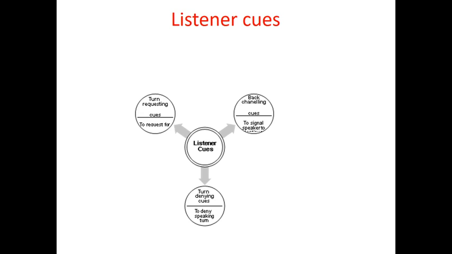So listener cues. These are some of the cues that we are going to discuss: back channeling, turn denying, turn requesting, and so forth.